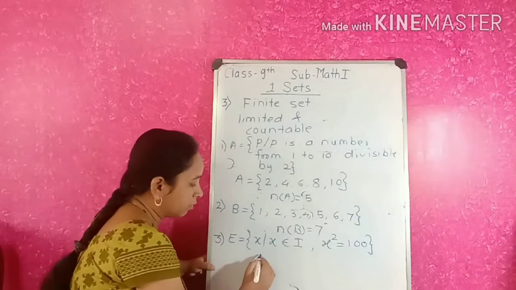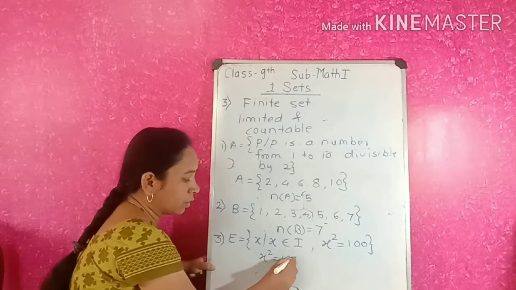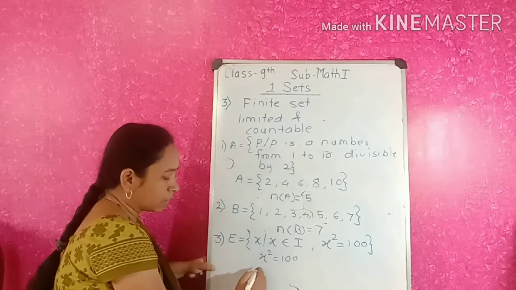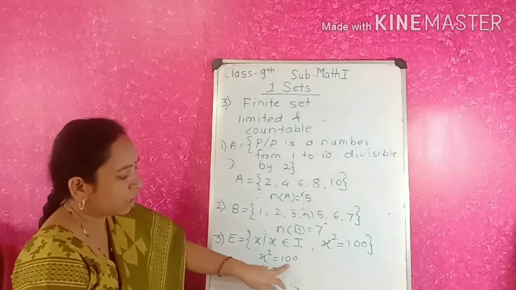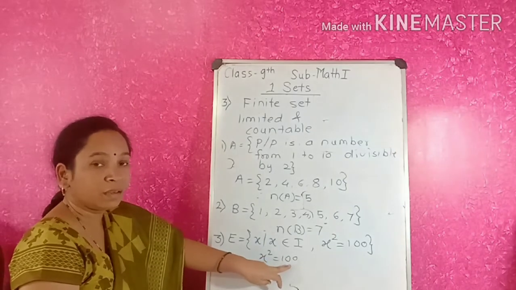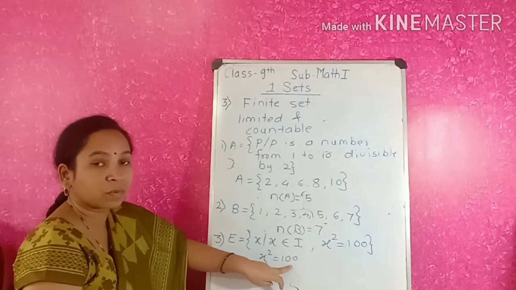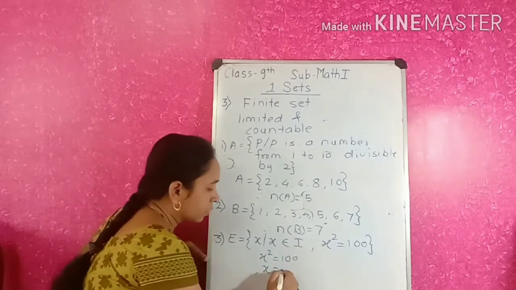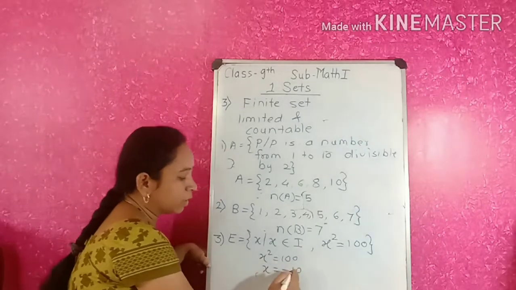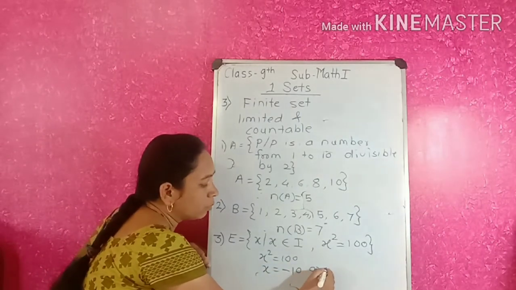Now here they gave x square is equal to 100. If I take the square root of x square, I will get x. But 100 is the square of negative 10 or positive 10. So the square root of 100 may be negative 10 or positive 10.